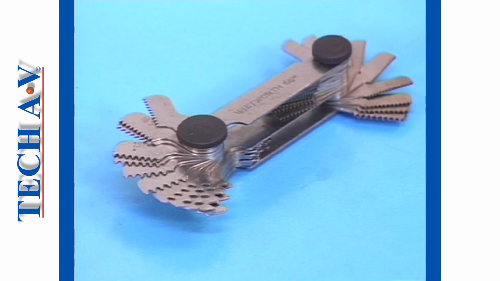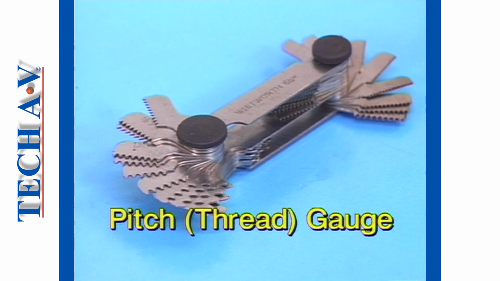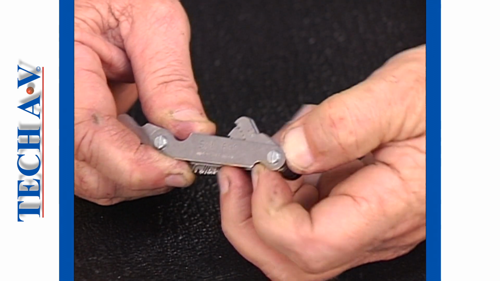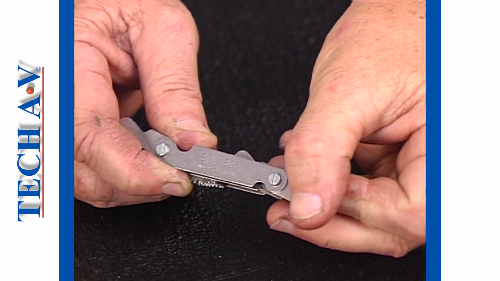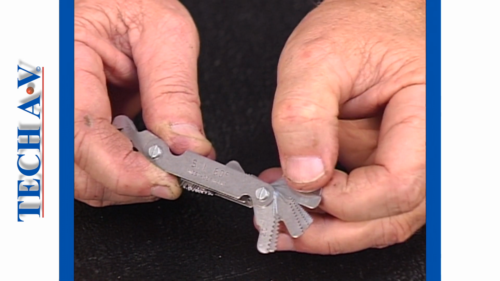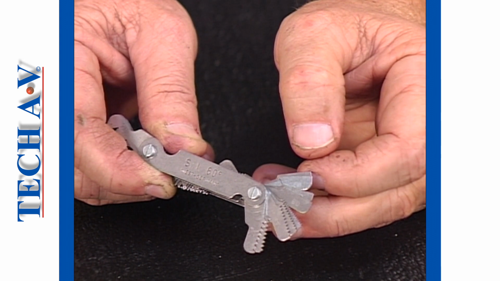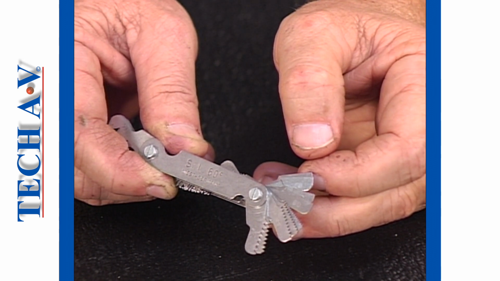We would like to introduce you now to a very useful little instrument known as a pitch gauge, also known as a thread gauge. The instrument comprises several gauge blades, each blade representing and conforming exactly to a specific thread form and pitch.